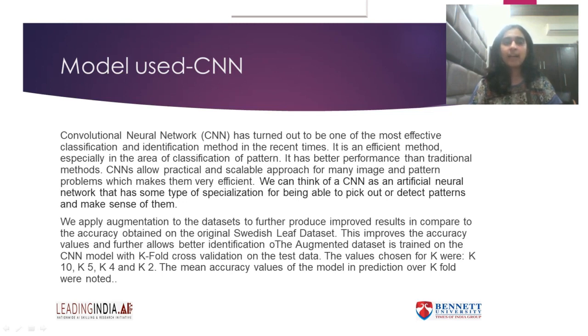To have higher accuracy and efficient classification, we augmented it. The augmented dataset was then passed through the CNN model and K-fold cross validation was performed. The values of K which we used were K10, K5, K4 and K2.